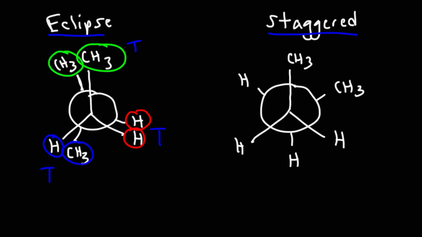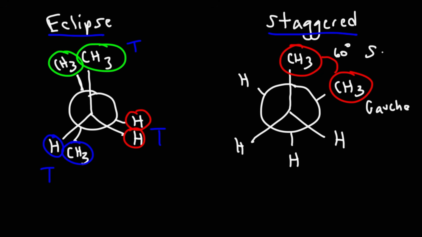In a staggered conformation, there is no torsional strain. The hydrogens, they're too far apart. Even these 2 methyl groups, there's no torsional strain between them. However, there is a special interaction which is known as the gauche interaction. And whenever you have 2 bulky groups that are 60 degrees apart, you're going to have steric strain.